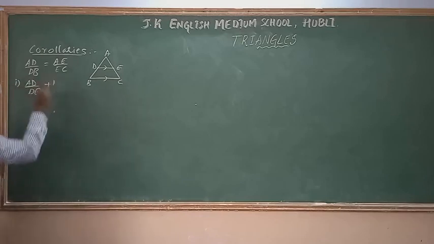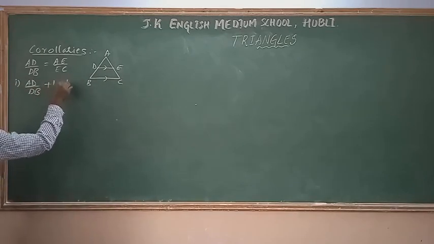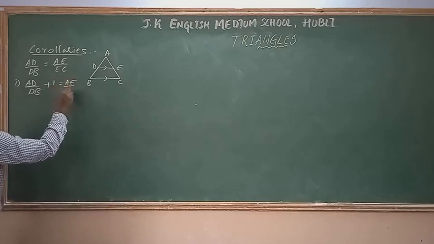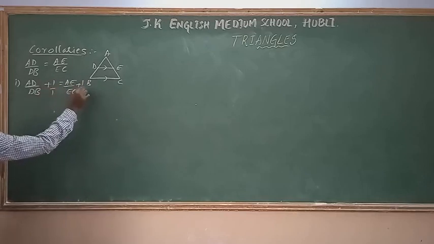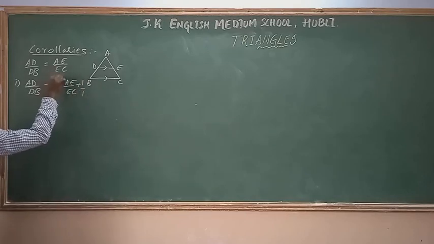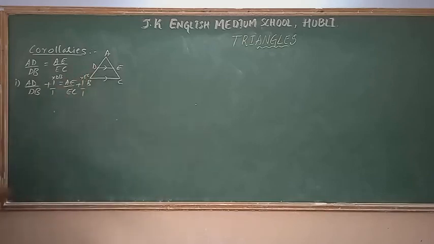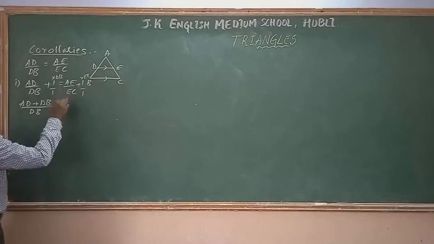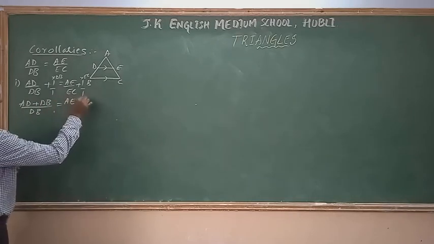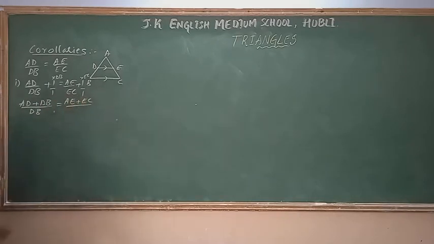take the ratio and add 1 to it. So AE upon EC, for this also add 1 to it. Take the LCM here. The LCM is DB and here it is EC. So let us write down AD plus DB upon DB is equal to AE plus EC upon EC.